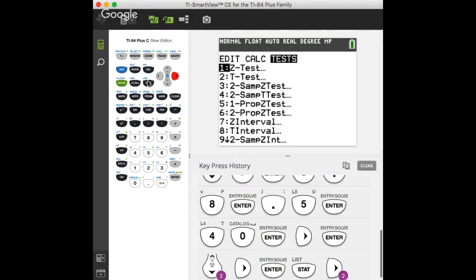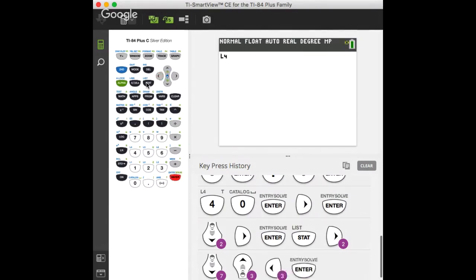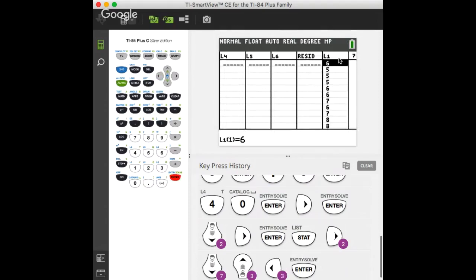Again, that's going to stat, t-test, and then going to one proportion z-test. Those are the two that you're going to need to be familiar with for at least this test. Let's say you don't know the standard deviation, you can always go to stat edit. Let's say the data was in L1.